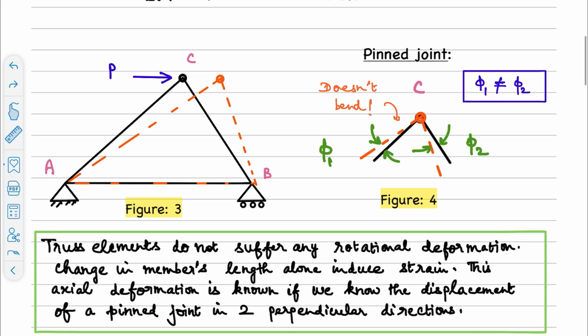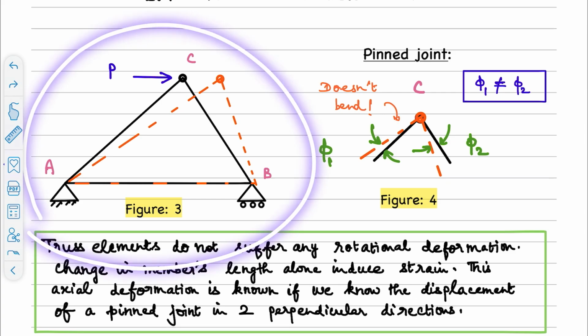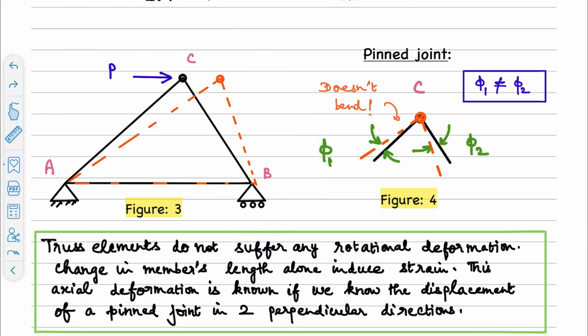And we'll also see what is going to happen at a pin joint of a truss system. Toward that, we are considering this figure in which we have a simple truss ABC, which when acted upon by this load P at this joint C, causes a displaced profile like this. Now, initially, this is the way this particular joint C will be.